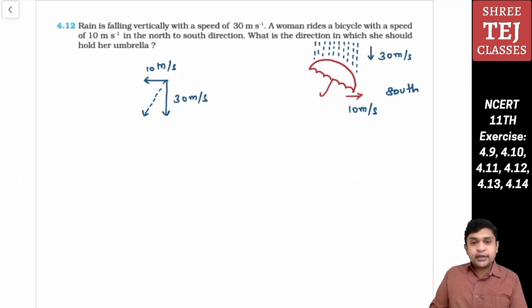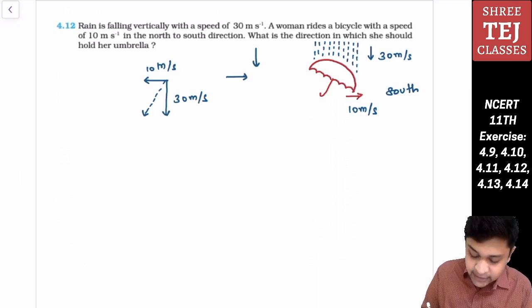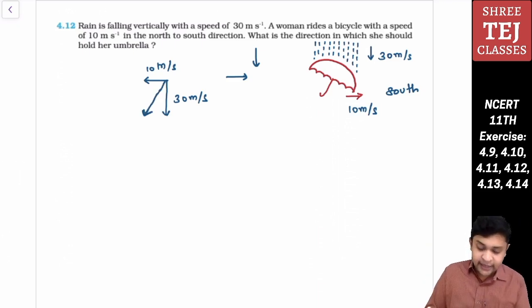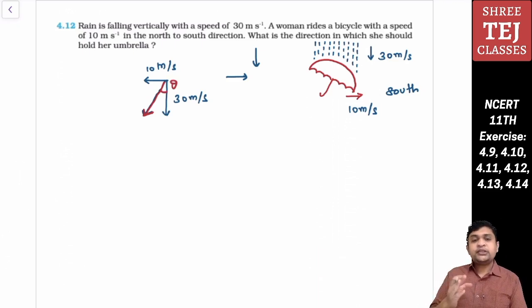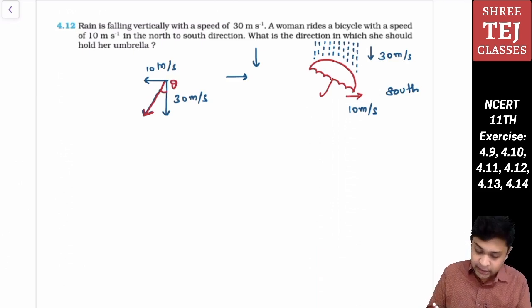Because she has a velocity in this direction and rain is coming downwards, for her, because she is moving, it would seem that the rain has a net velocity at a slant. We have to find this angle theta at which she should hold her umbrella.